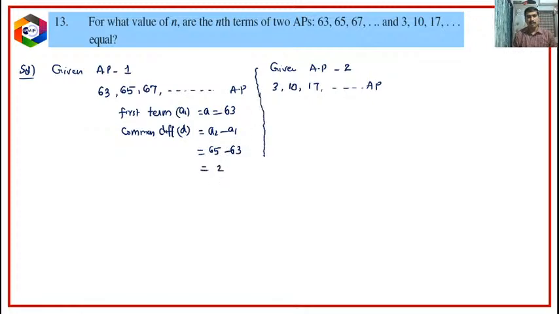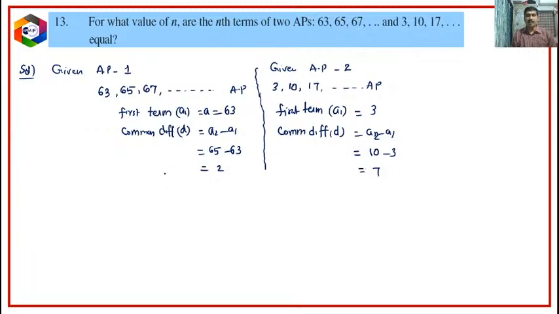In the same way I am going to calculate here also. What is the first term here? A1 is equal to 3 and the common difference is again A2 minus A1, which is 10 minus 3, which is equal to 7.